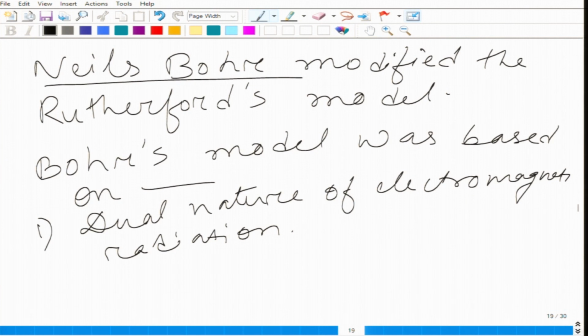Next we will study the pathways that led to Bohr's model. There were some backgrounds which led to Bohr's model. We will discuss them now. Thank you.